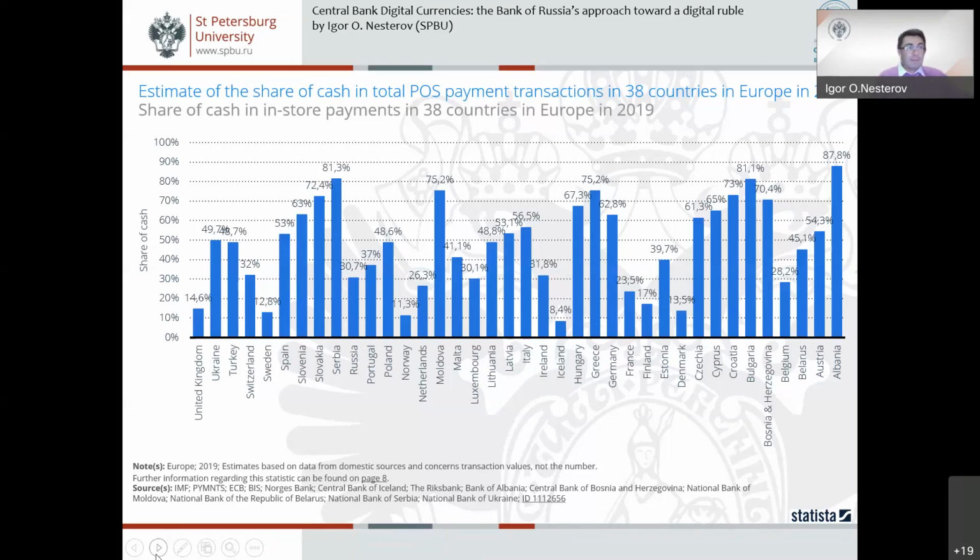I think that is one of the key facts, or the major driver, why in surveys and studies central banks focus primarily on the retail CBDC system, as it involves significant innovations with respect to the existing forms of money. That is a direct quotation from, for example, the Bank of Russia report on the digital ruble.